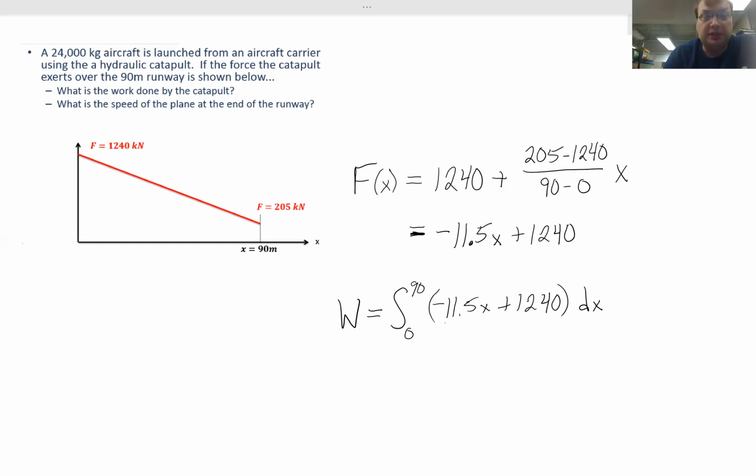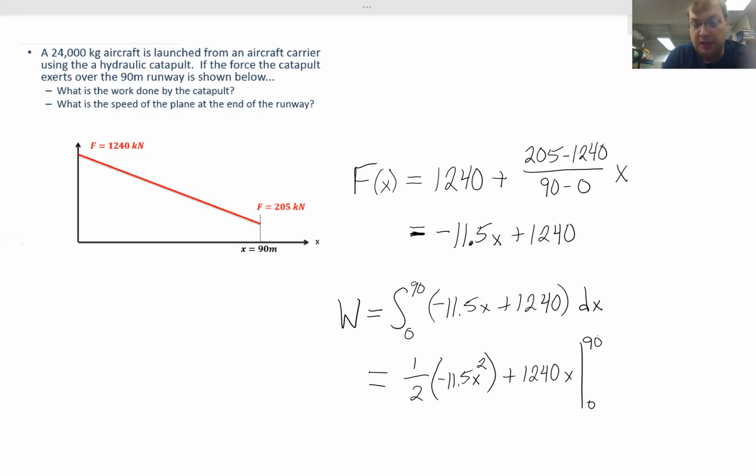If we go through with this integration, we get one half of the negative 11.5 x squared plus 1240 multiplied by x. And this is now evaluated from 0 to 90.